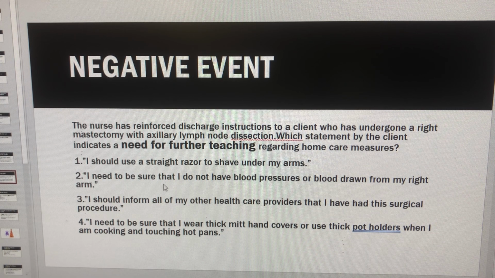I need to be sure that I do not have blood pressures or blood drawn from my right arm. 3. I should inform all of my other healthcare providers that I have had this surgical procedure. 4. I need to be sure that I wear thick mitts, hand covers, or use thick pot holders when I am cooking and touching hot pans.